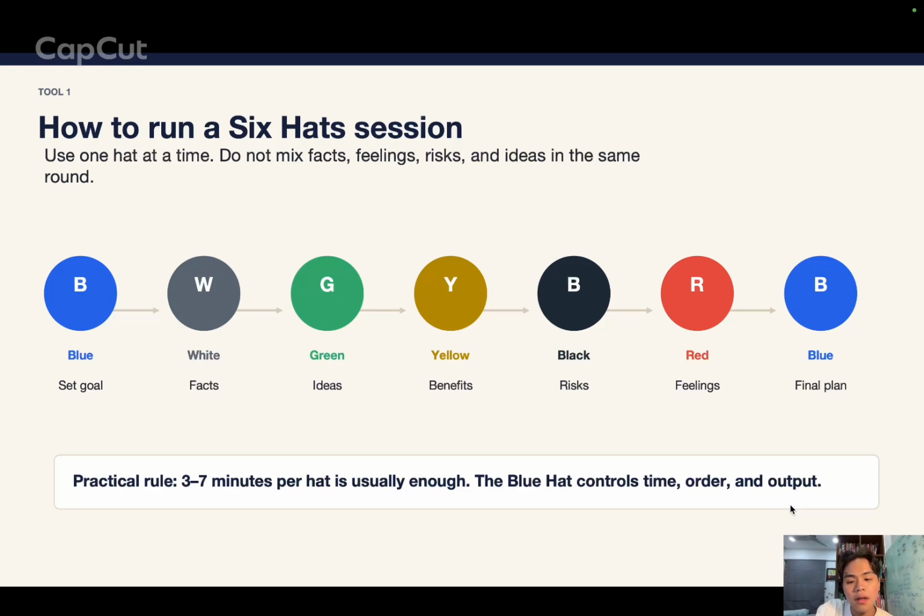And then after that we use the red hat to give everyone an opportunity to express themselves and their intuition about the options. And finally we come back to the blue hat again to end up with the overall process.